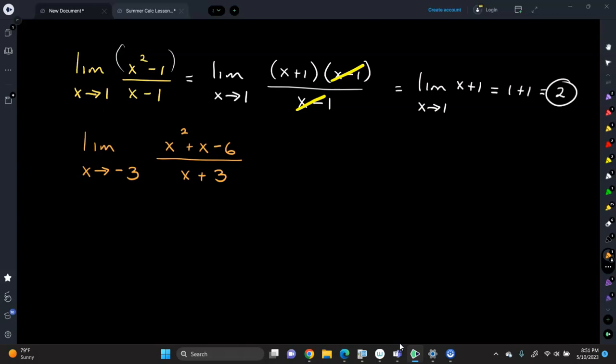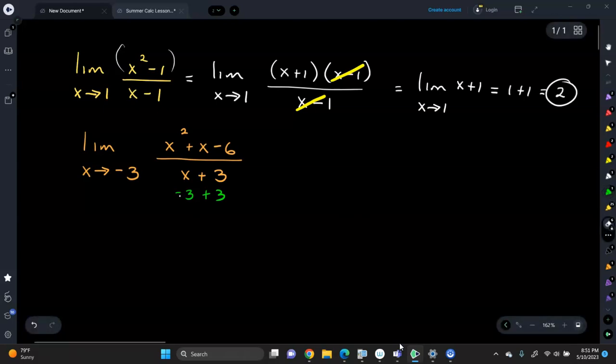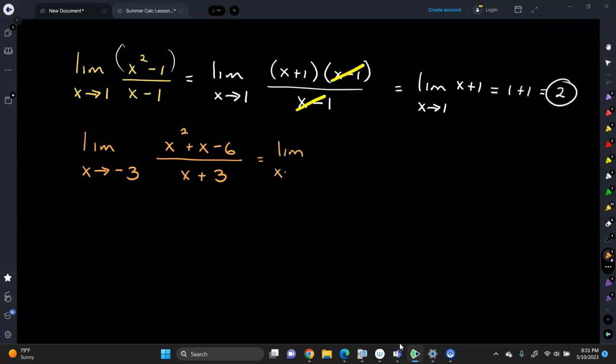Here again, we have an issue because if we do a direct substitution, we're going to get a 0 in the denominator. So that's going to give us a point where it's undefined. But I can rewrite this. I can simplify it.